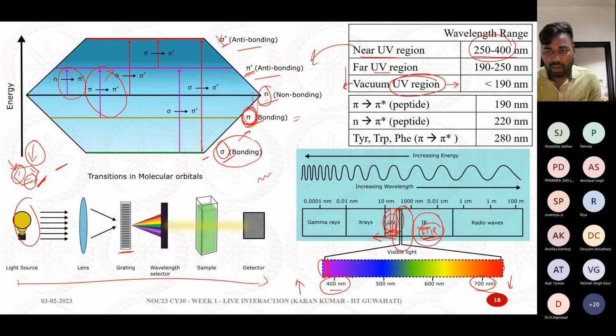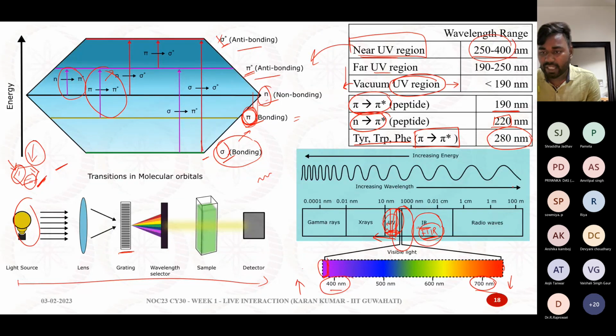Okay, so the peptide bond in protein results in 190 nanometer, which is pi to pi star transition. N to pi star transition is 220 nanometer, and pi to pi star transition, which occurs in tyrosine, tryptophan, and phenylalanine, occurs at 280 nanometers, which falls in the near UV region.